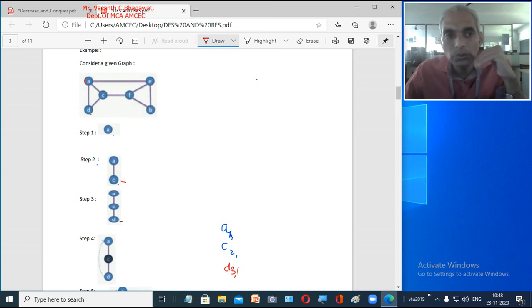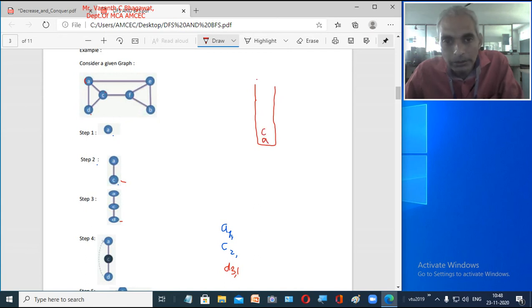Now this is how the stack is working. First, what element did you enter into your stack? A. A was your first element. Then you pushed C into the stack.